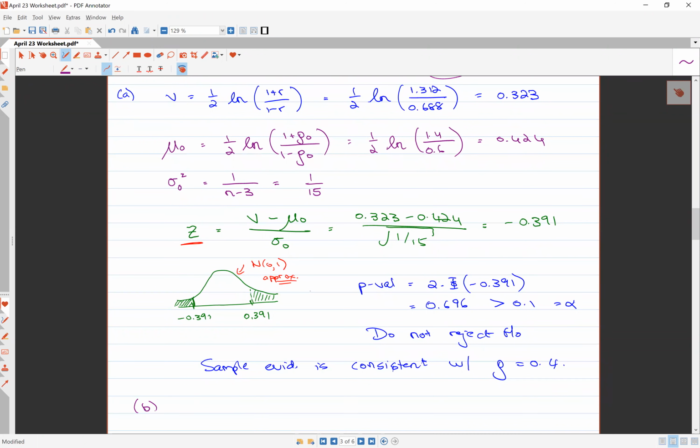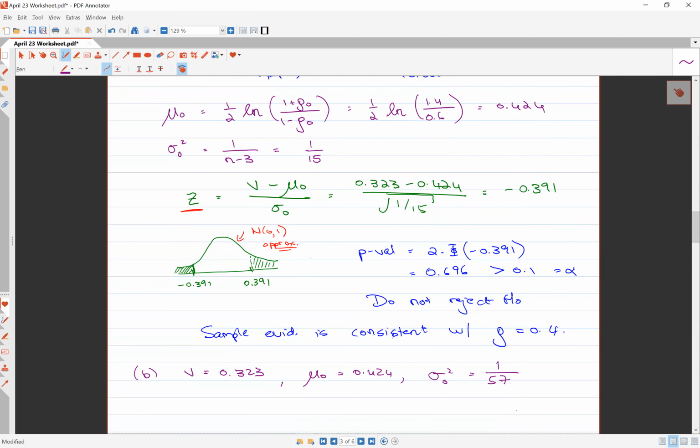So we still have the same value for V, the same value for mu naught, and now sigma naught squared is going to be 1/57. That in this case will give us a Z statistic of negative 0.763.